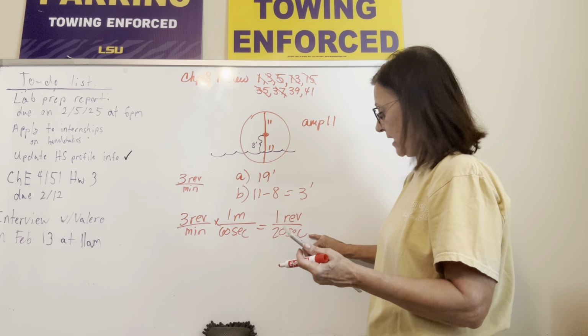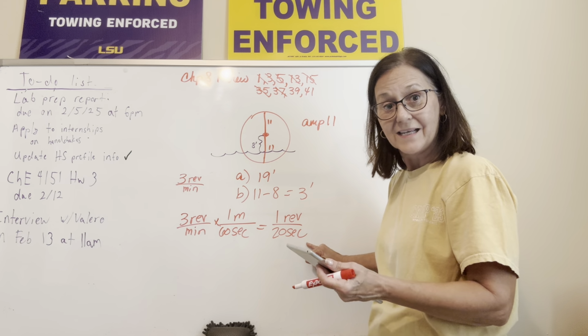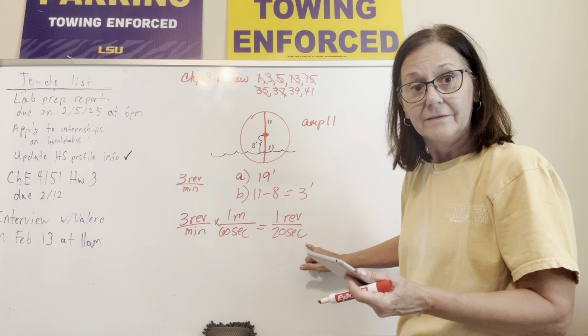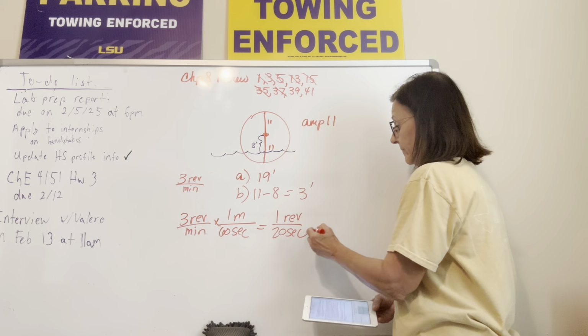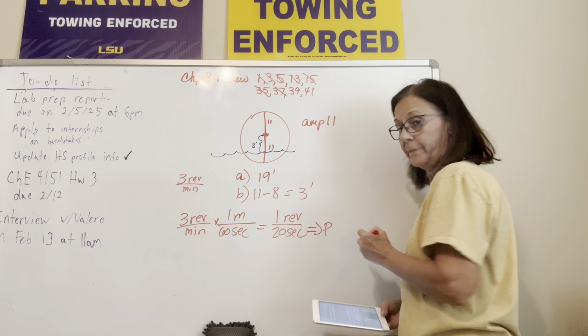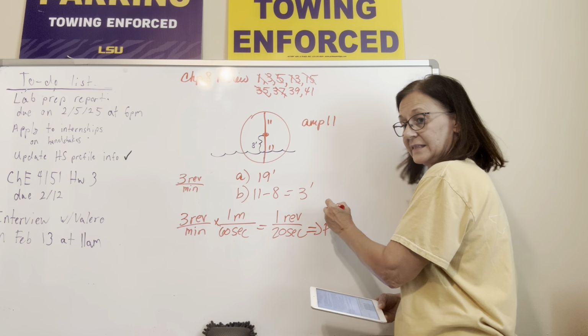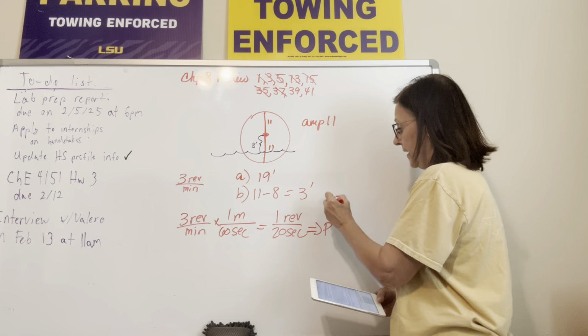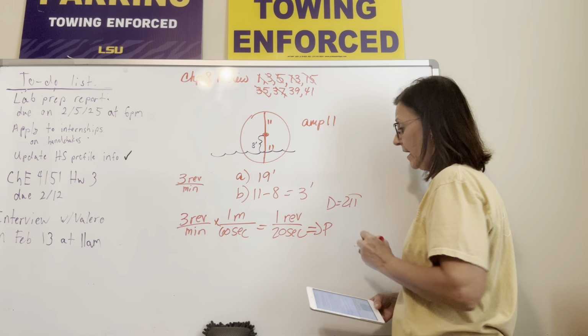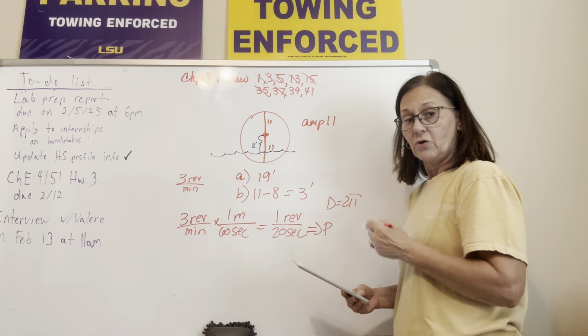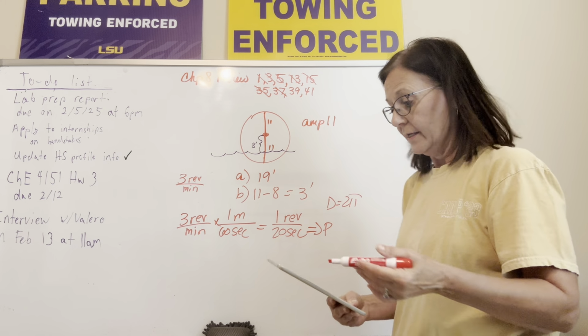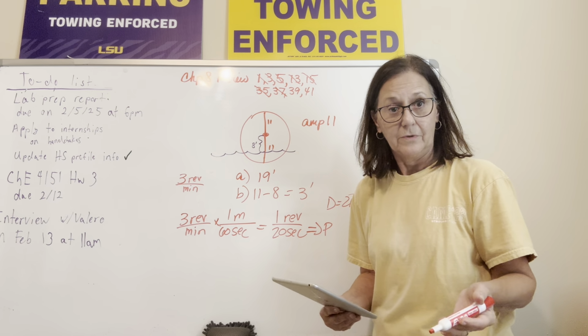So write the cosine function. This 20 seconds, that's the period. All right? Time is your period. All the way around the wheel, the distance is 2 pi. All right? So I need to find my B value.